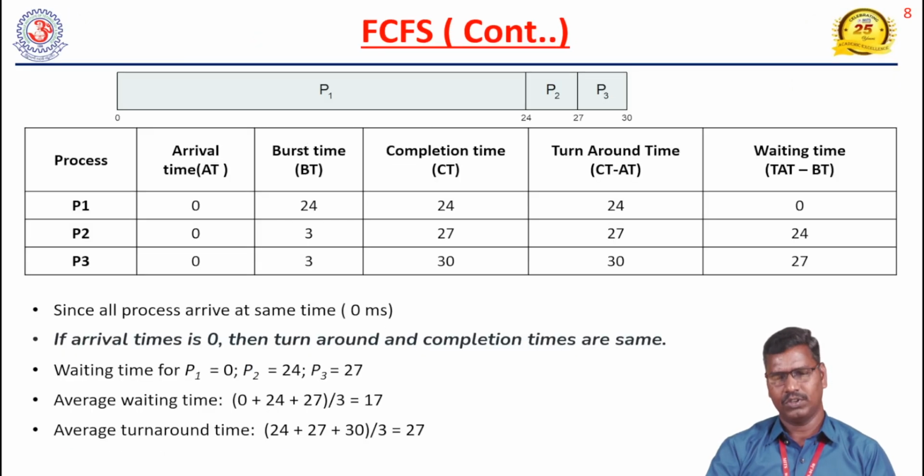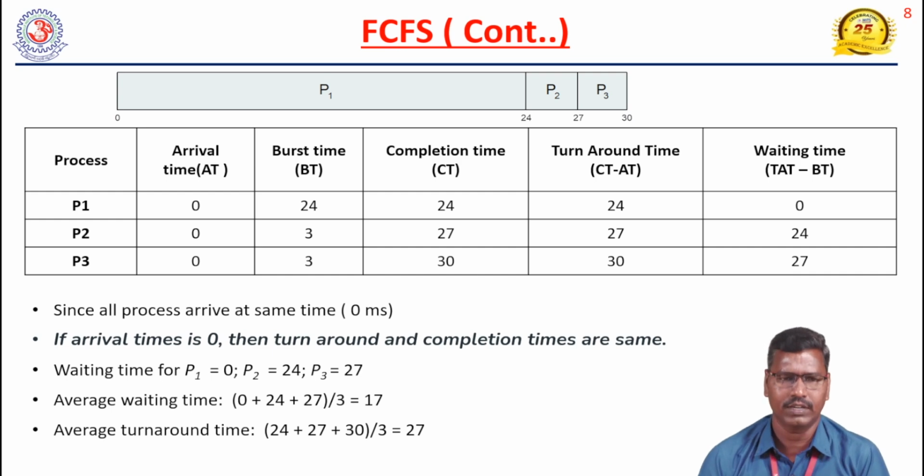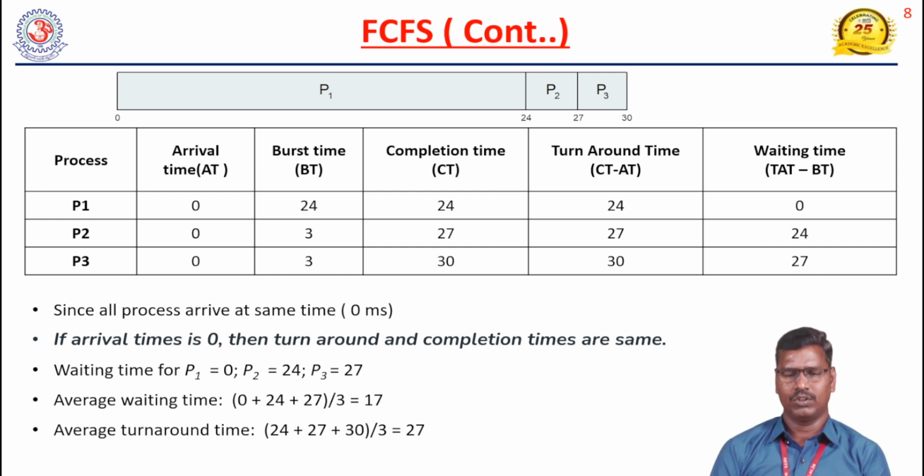Okay, now we want to find the terminologies used in CPU scheduling. We want to find the arrival time, burst time, completion time, turnaround time, and waiting time. Okay, here P1, P2, P3, all the processes arrive at 0 milliseconds only. So the arrival time will be 0 only.